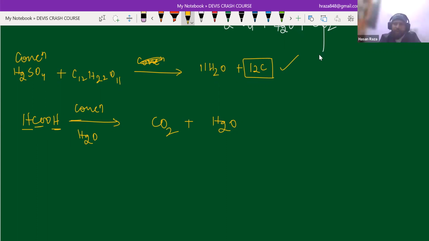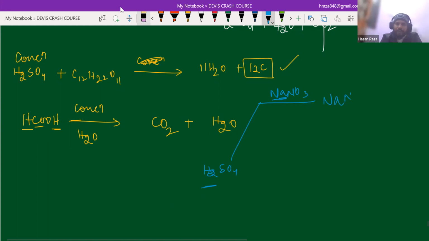There are also a lot of other reactions of H2SO4. If you react this with NaNO3, sodium nitrate, sodium is more reactive than hydrogen, so one of the hydrogens will be replaced by sodium, so it will be NaHSO4, and you can see one hydrogen is gone from here, so there will be formation of nitric acid, HNO3.